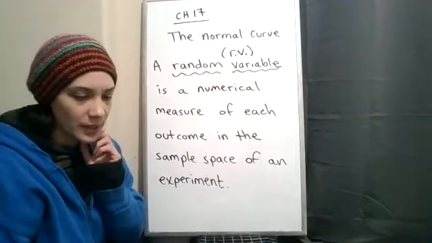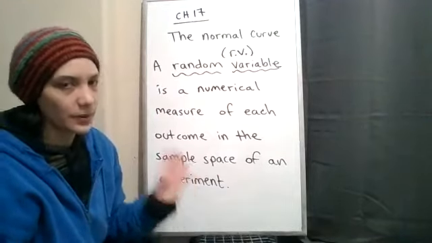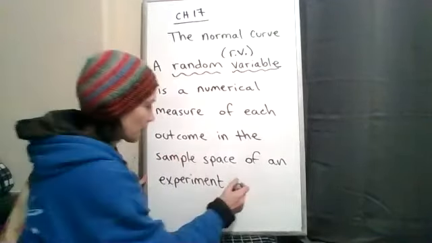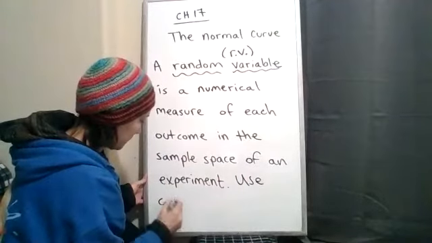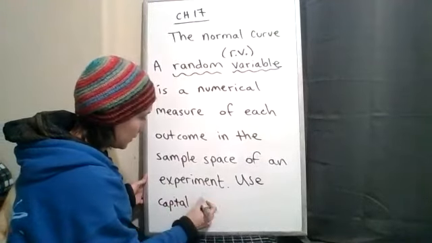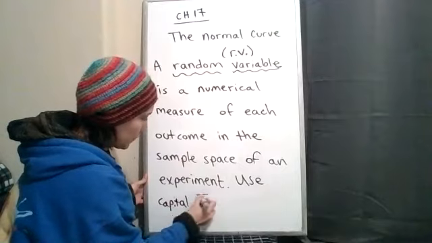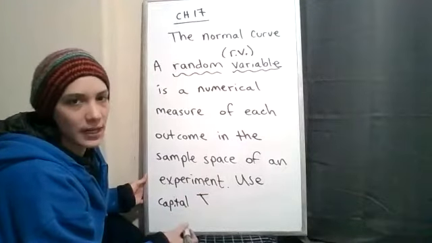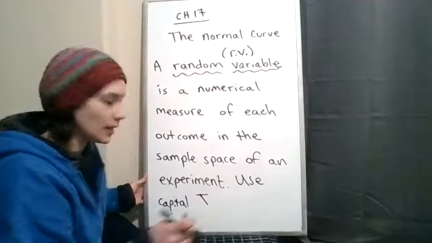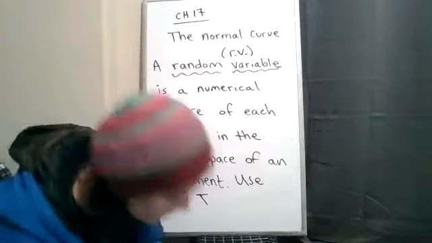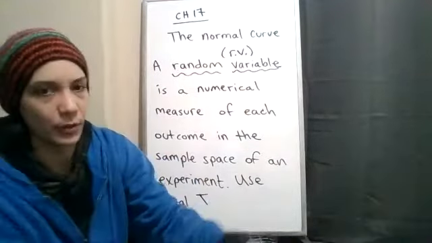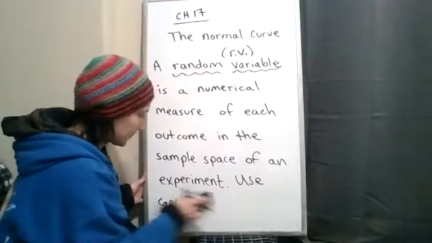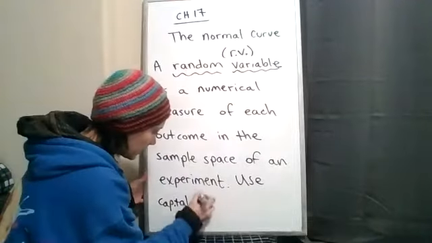We use capital letters for the random variable. In this class, we'll mostly use X, but just in case we switch it up, let's keep it open.